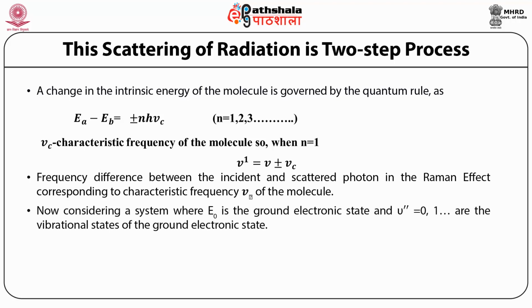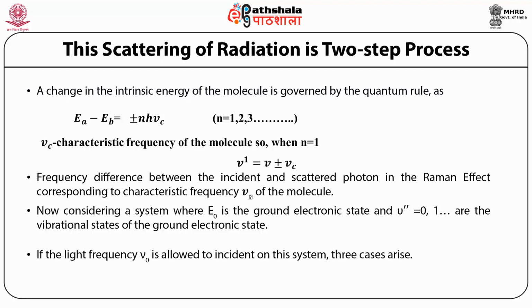Now, considering a system where E naught is the ground electronic state and nu double prime is 0, 1, etc. are the vibrational states of the ground electronic state. If the light of frequency nu naught is allowed to be incident on this system, three cases arise.